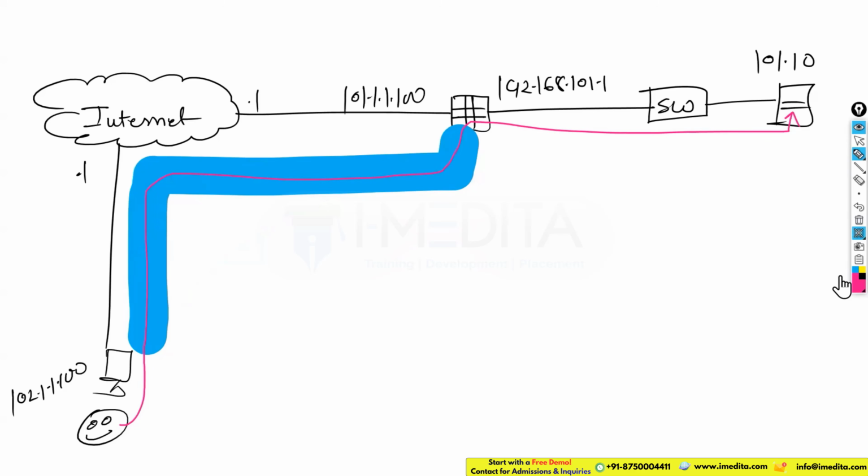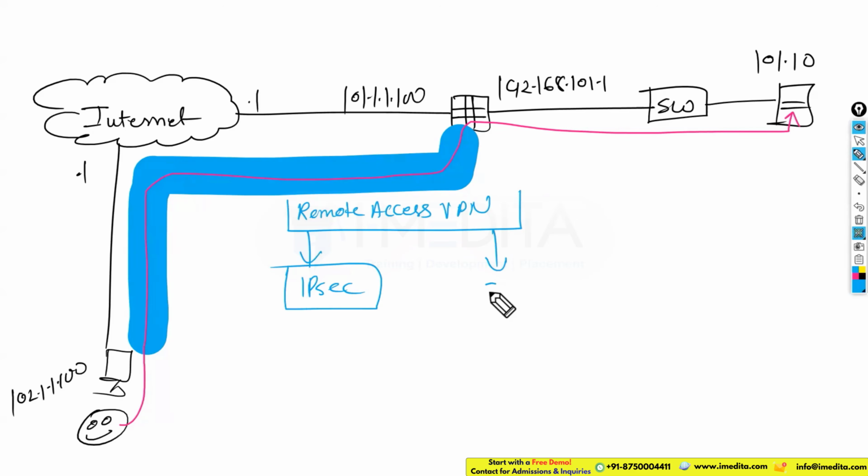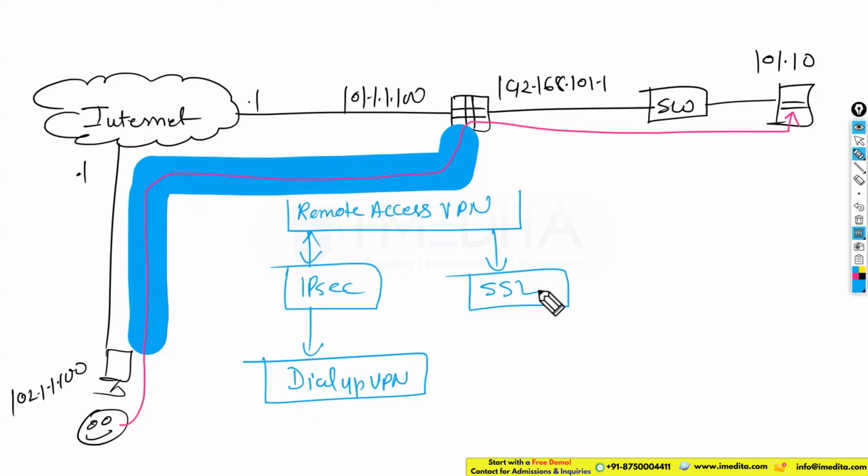So this VPN is called remote access VPN. Remote access VPN can be configured using two protocols: IPsec or SSL. When we configure it via IPsec, it is called dial-up VPN. When we configure it using the SSL protocol, it is called SSL VPN.